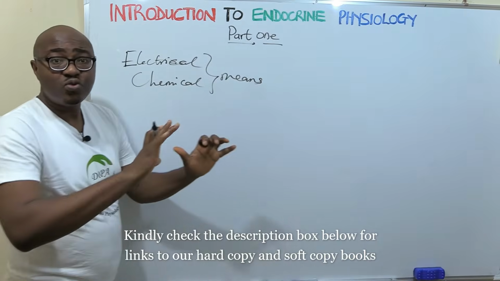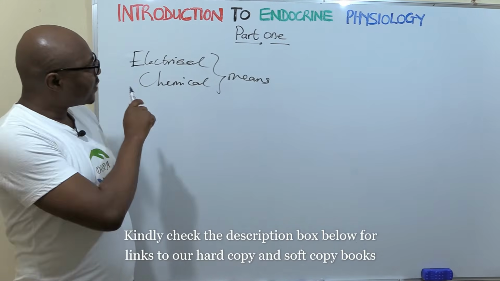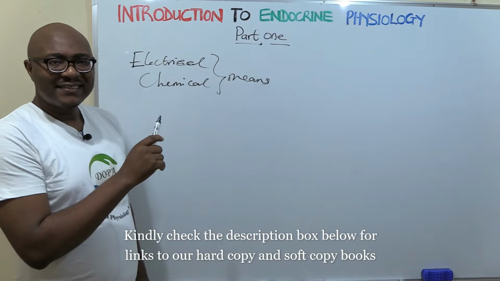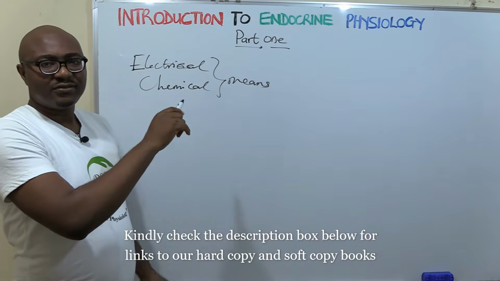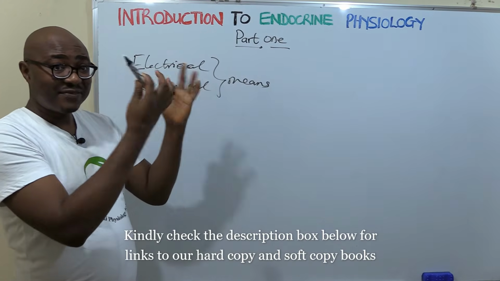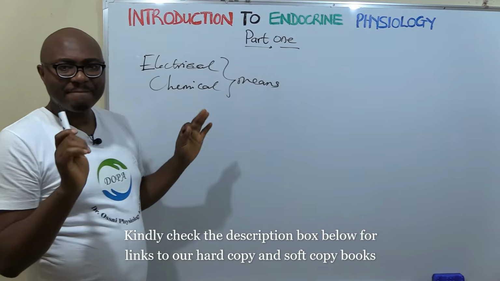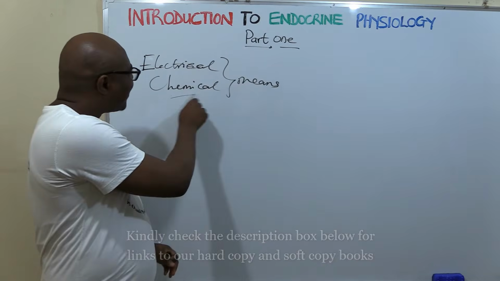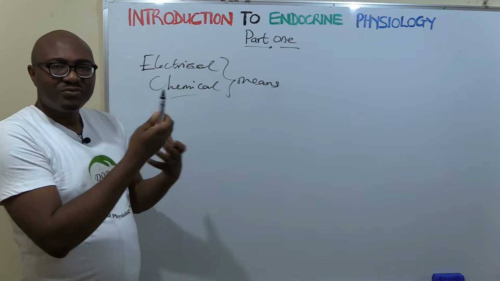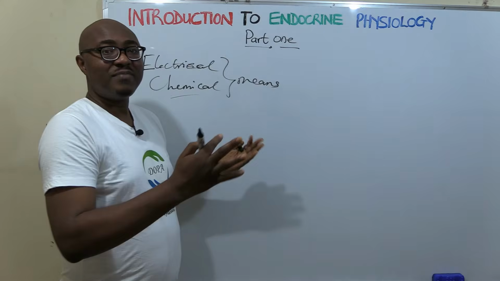It has to do with communication basically, but electrical is usually by nerves and it's faster, while chemical is through what we call chemical messengers.